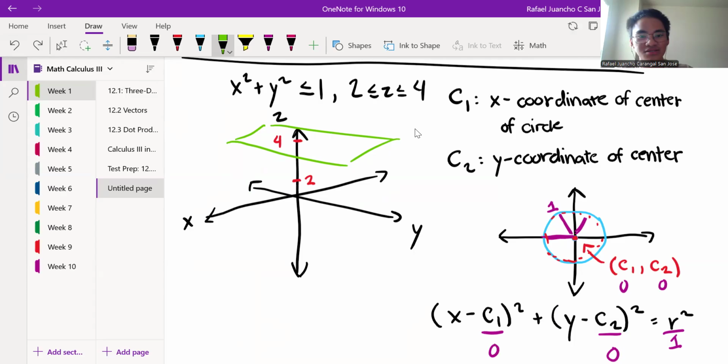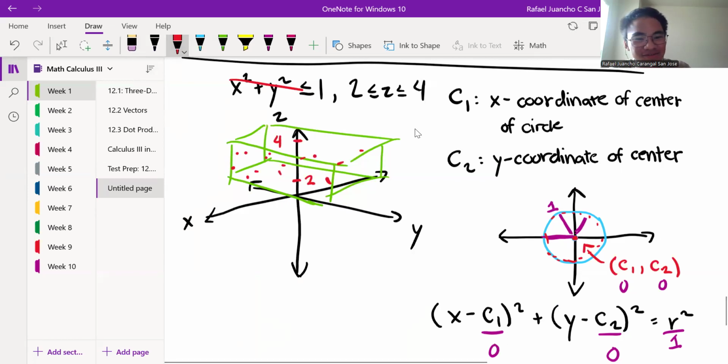It's all the possible points in between, like a box, because it's between the z equals 2 plane and the z equals 4 plane.